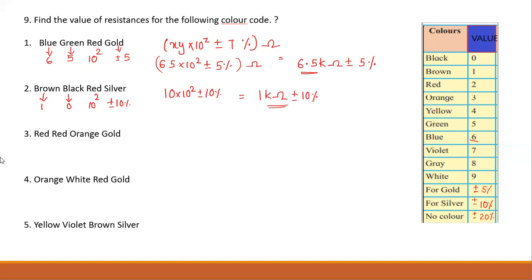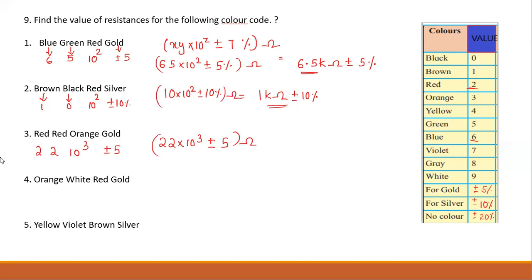Next one, red, red, orange. Red we know the value is 2, that is 2, 2. Next is 10 raised to, orange is 3. Gold tolerance is plus or minus 5. So we can write this as 22 into 10 raised to 3 plus or minus 5 ohm.